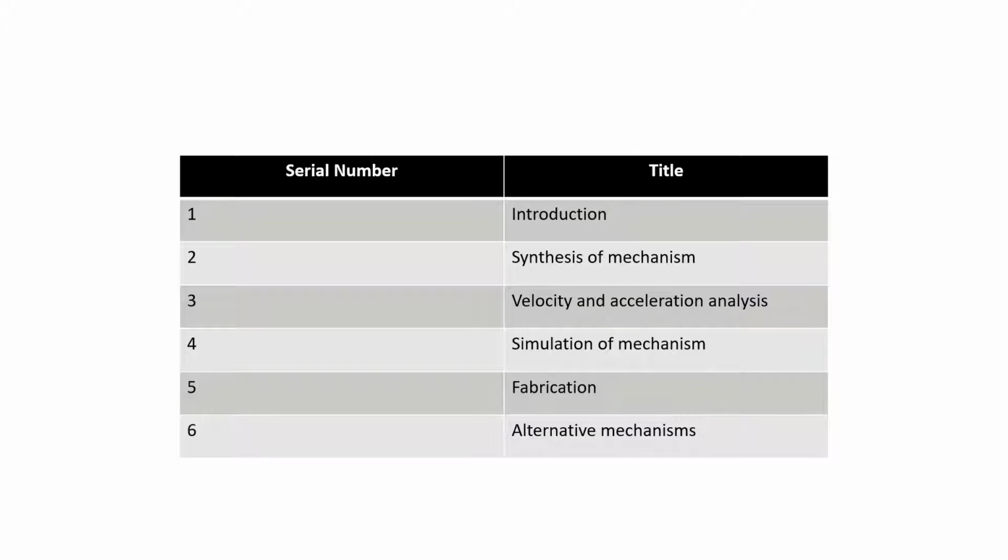After that, we will be explaining the velocity and acceleration analysis of the mechanism. We have simulated the mechanism in SolidWorks for better visualization and understanding. After that, we fabricated the mechanism. Lastly, we will be talking about the alternative mechanisms that can also be used for the same application.